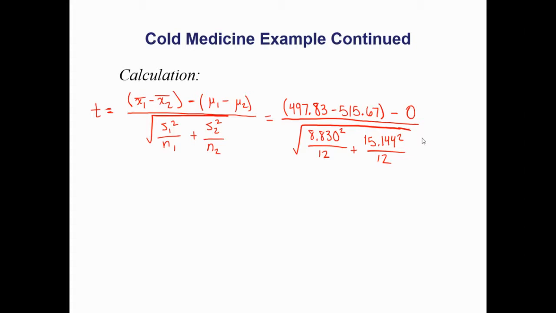Okay, so if I calculate this, what would I get? Negative 3.53, that's right. Negative 3.53.